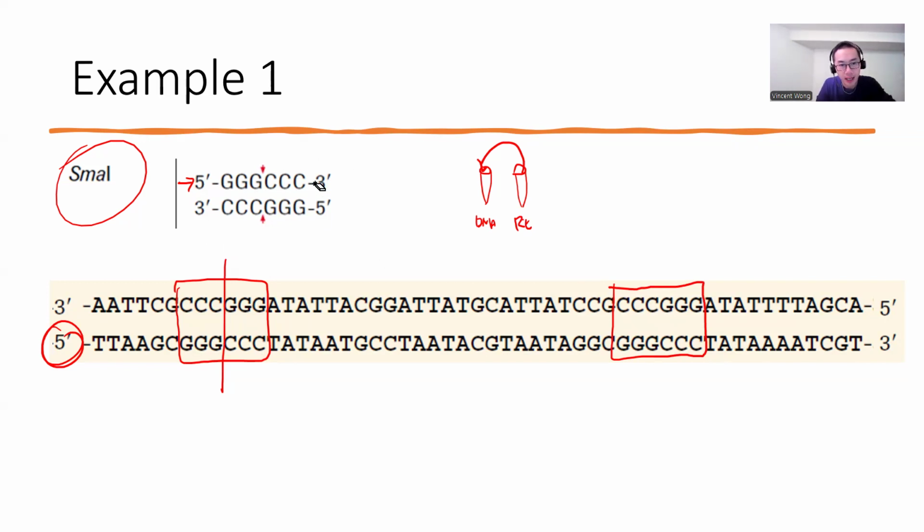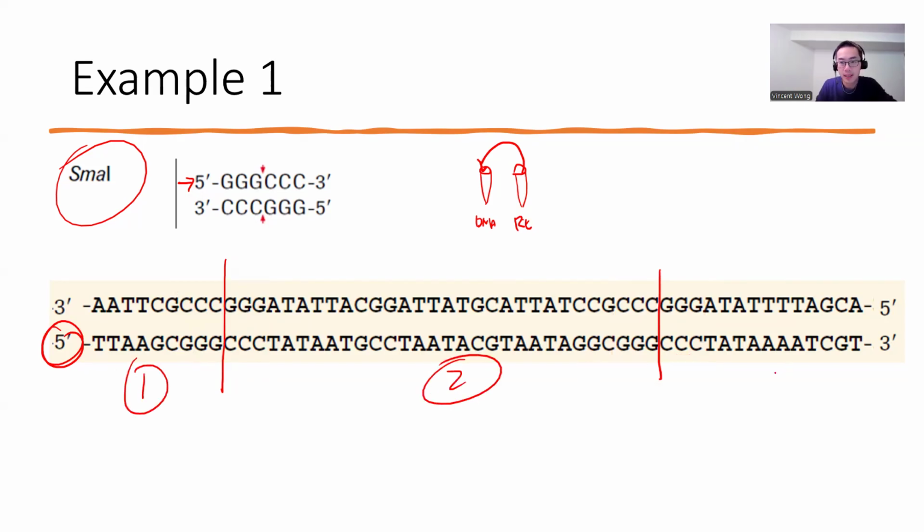Again, 5 to 3, GGGCCC, and that's where it's going to do another cut. So after the cuts, this is one piece, two pieces, three pieces. If you take a piece of paper and cut twice, you have three pieces. Three fragments, we say. All right.